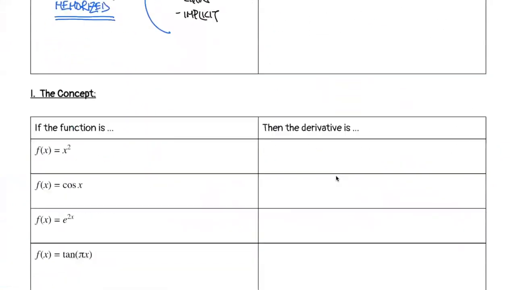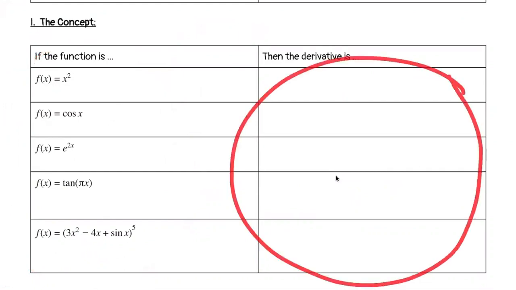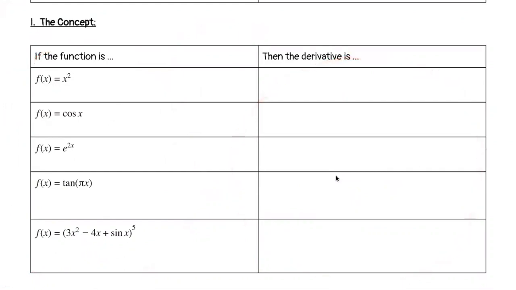All right, so let's get started with the concept. So we have this table. We've got a bunch of functions, and my question to you is, let's warm up our brains by finding the derivative, okay? So we start with f of x equals x squared. We're going to be really good about our notation, and I'm going to ask that we write f prime of x equals 2x, all right?